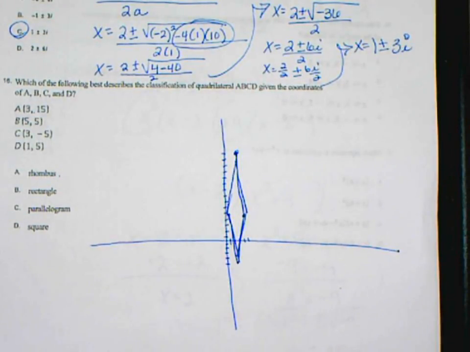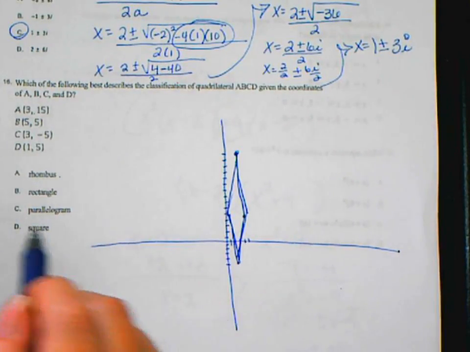Is that a square? No. Well, a square has to have all 4 sides congruent. Is that a square? No.